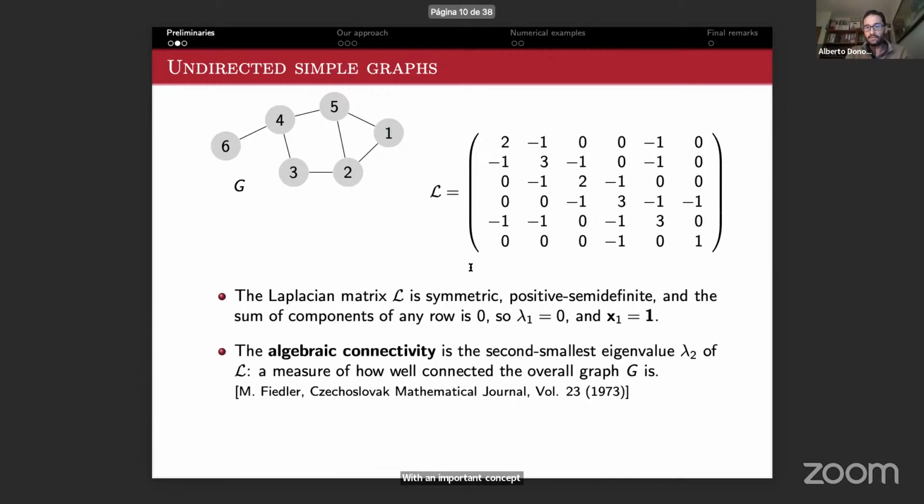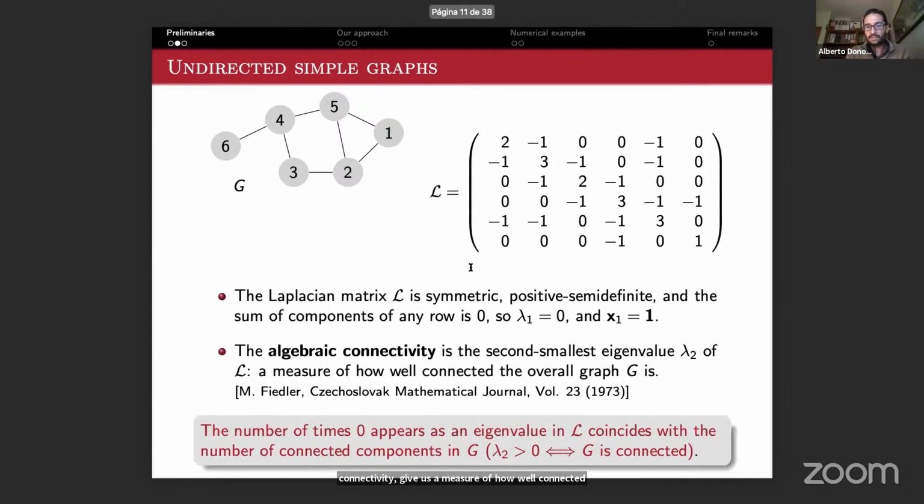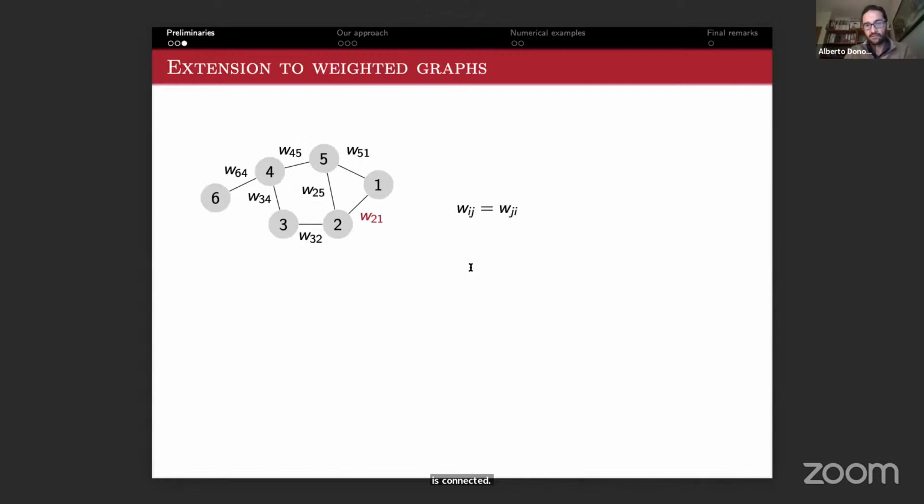This result says that the second smallest eigenvalue of this matrix, which is called algebraic connectivity, gives us a measure of how well connected a graph is. In other words, the number of times 0 appears as an eigenvalue of the matrix coincides with the number of connected components in the graph. As a consequence, we can state that the second eigenvalue is non-zero if and only if the graph is connected.